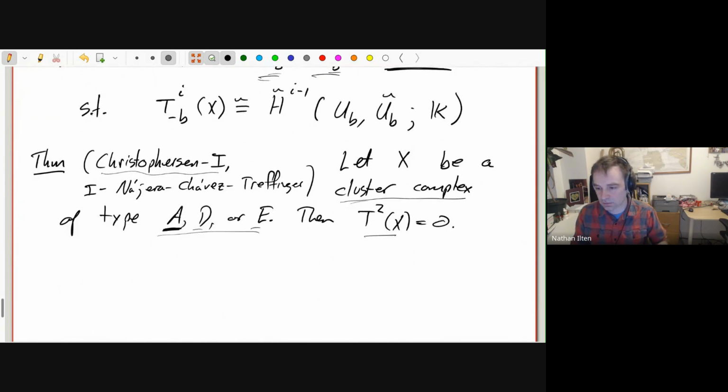Okay, so the contents of this theorem is a completely different talk. I just wanted to mention it to show that these results of Altmann and Christophersen can be used to obtain some interesting consequences. Okay, so this brings me to part 3, where I want to talk about higher cotangent cohomology.